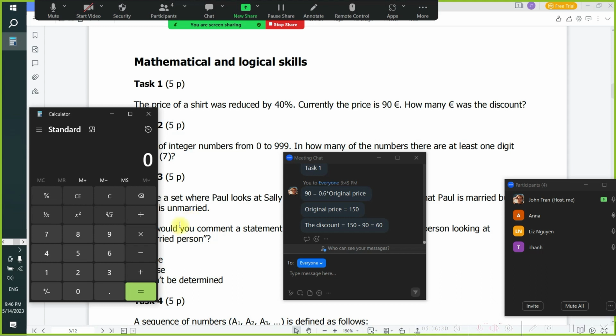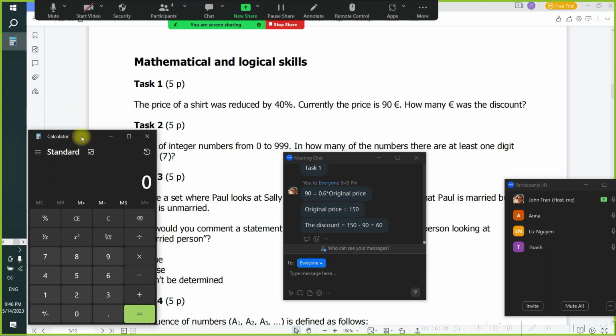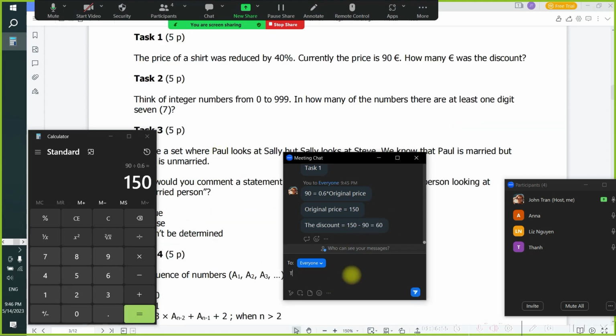Careful. You sure you don't make any mistakes there? Okay, 60 euro actually. Okay, task 2.